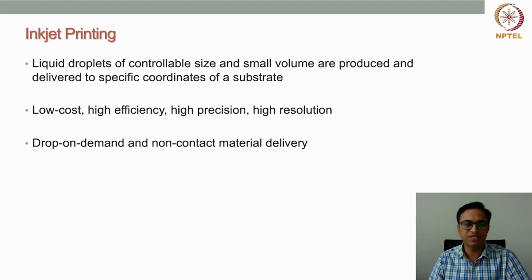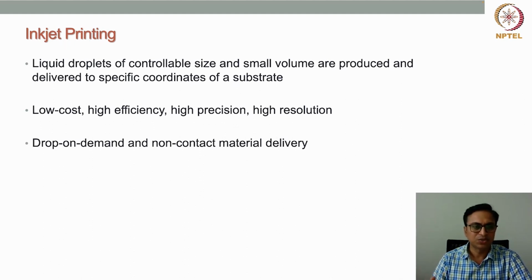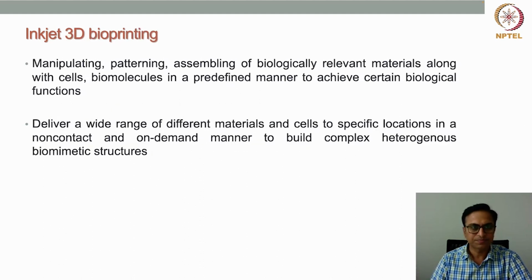It has huge advantages for printing cells, printing pharmaceutical formulations, and also printing other things, where due to contact there can be contamination. That can be avoided because of this non-contact phenomenon. So this is a very good property for cell printing, because we can reduce the contamination using this kind of inkjet printing technology.